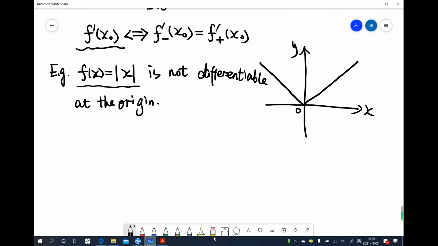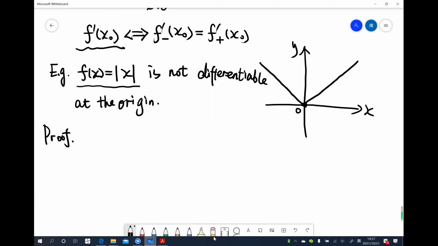Why, Laoshi, is it not differentiable? Yeah. So now we will prove it. Here we will use the definition of the derivative.